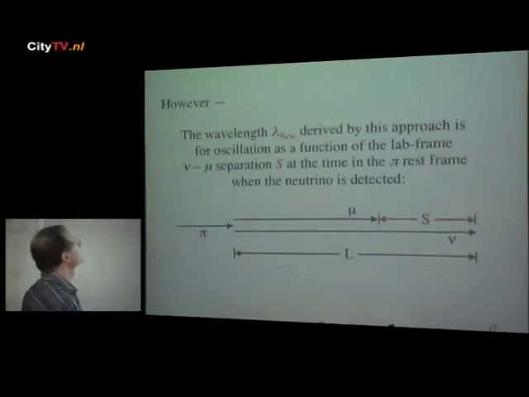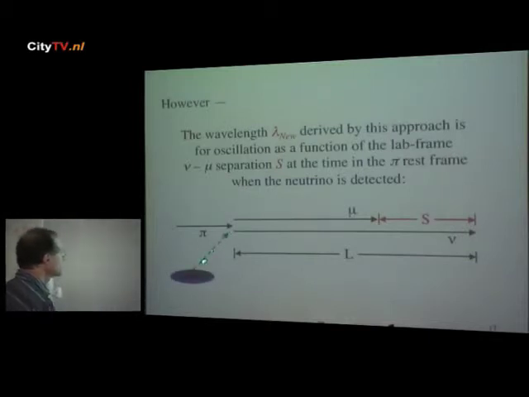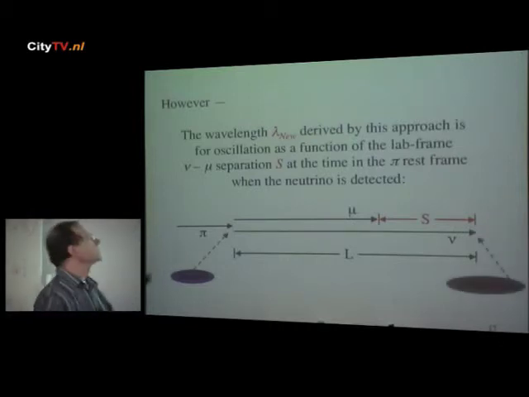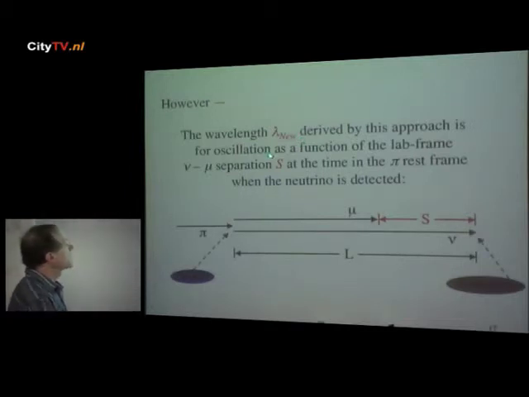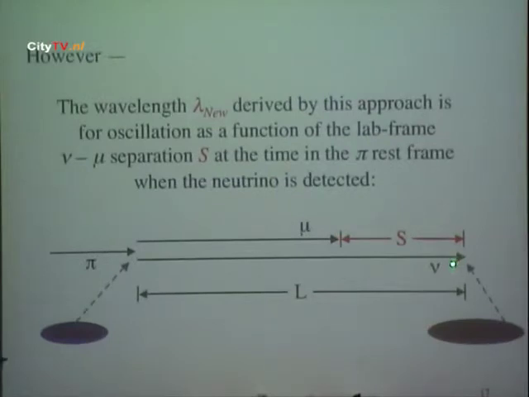However, that new wavelength derived by that approach is not for oscillation as a function of the distance between the source, that is to say where the pion decays, and the detector where the neutrino is detected. Rather, when looked at closely, this new oscillation wavelength is for oscillation as a function of the lab frame separation, S, between the neutrino and the muon at the time in the pion rest frame when the neutrino is detected.